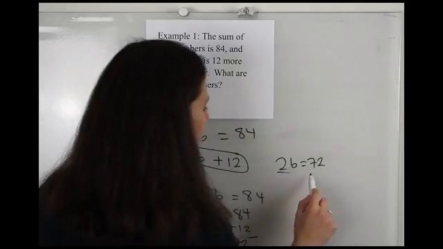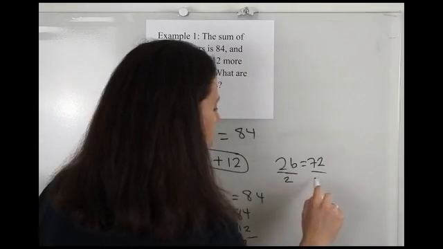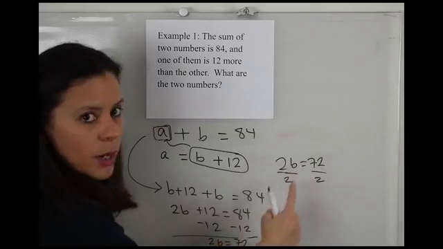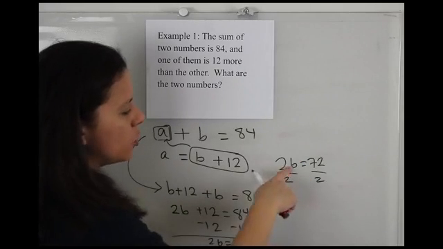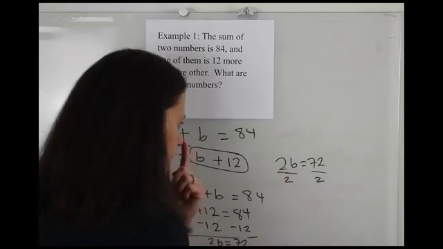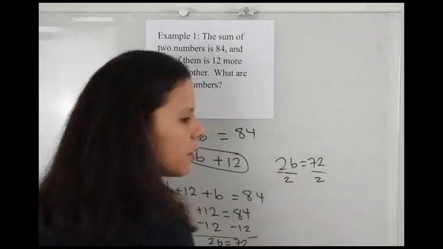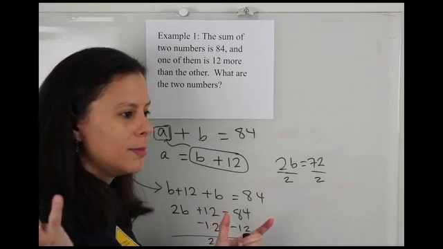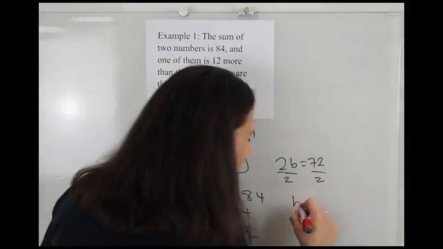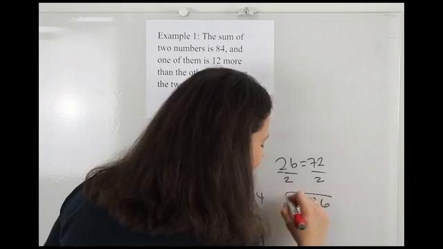Yes. And how do we know that? Because the 2 is multiplying the B, right? So you always want to do what's opposite to what the 2 is doing to that B. 2 is multiplying B, you want to divide by 2, which is the opposite of that. So 72 divided by 2? That's okay. 36. B is equal to 36.